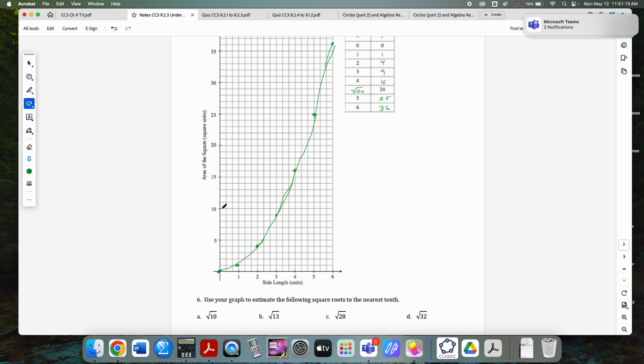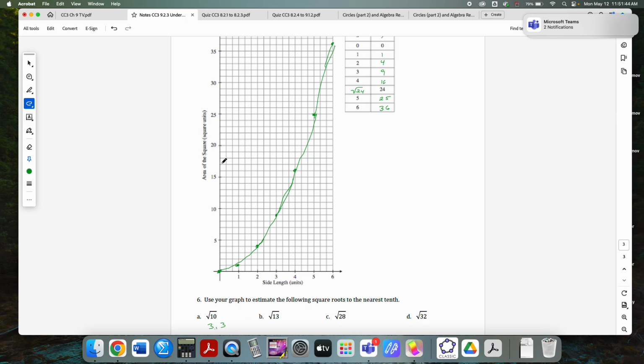So when we're here at 10, if the area is 10, this is between 3 and 4, and each one of these is a third. So it's a little less than 3 1/3. So I don't know, I'm gonna say 3.3, más o menos.